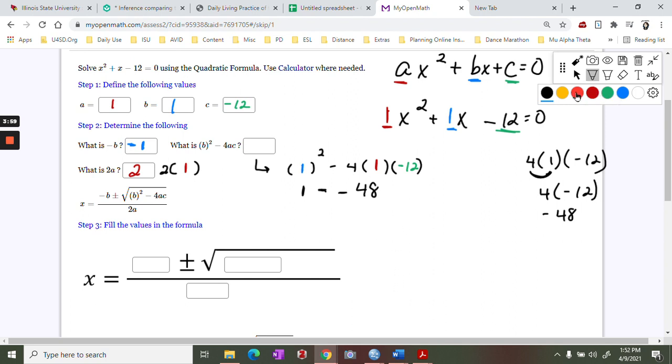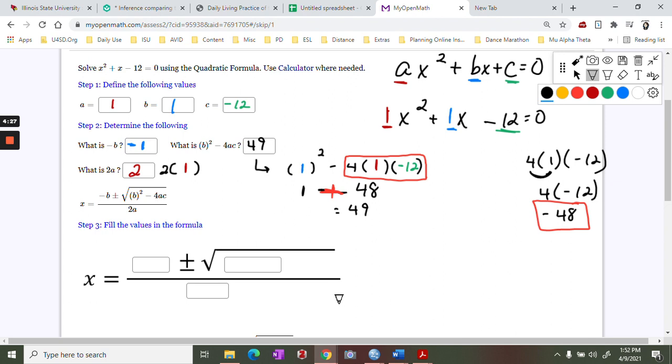Minus all of this. Okay? That's what I get here. So now we have a double negative. Minus a negative becomes positive. 1 plus 48 gives us a total of 49. So my b squared minus 4ac is 49.